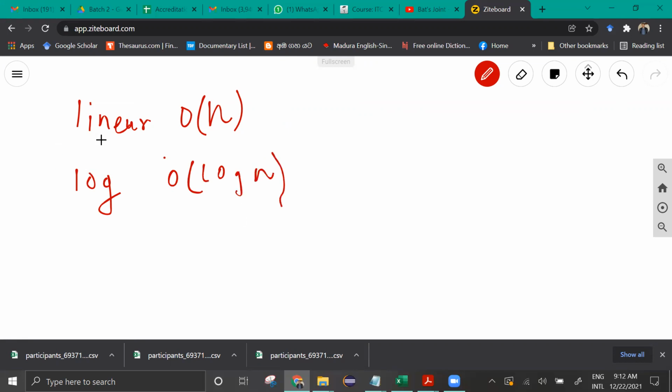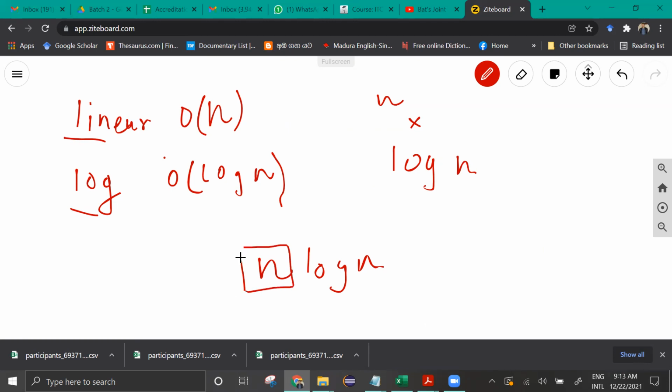It is a combination of linear and log. So we have n, we have log n, multiply this, we get n log n. That means in our algorithm we have a linear part as well as a logarithmic part.